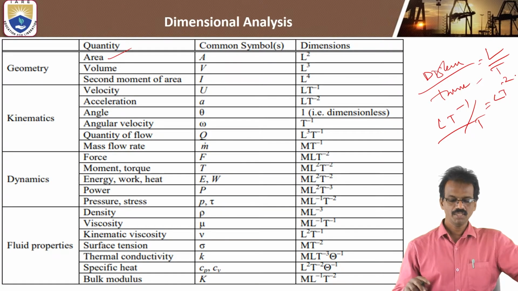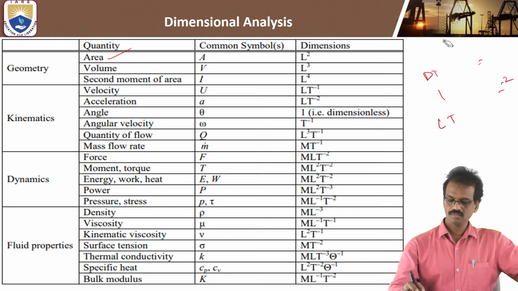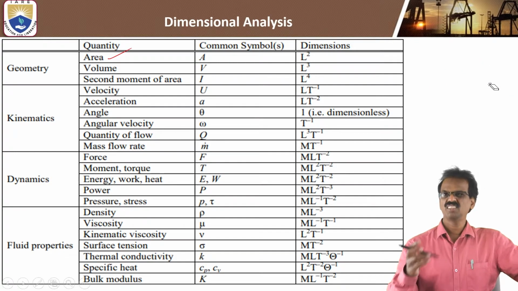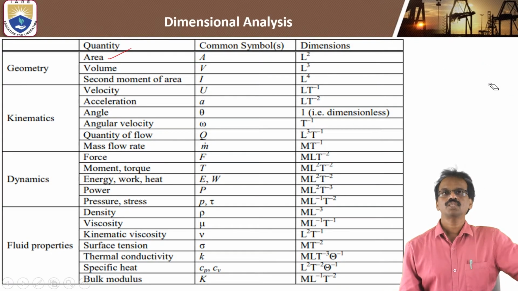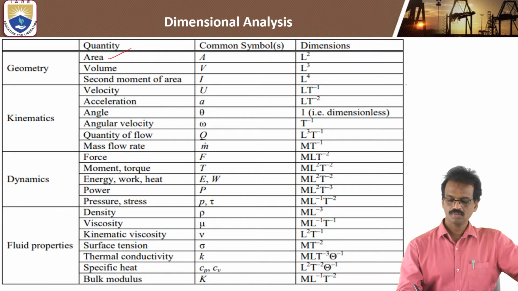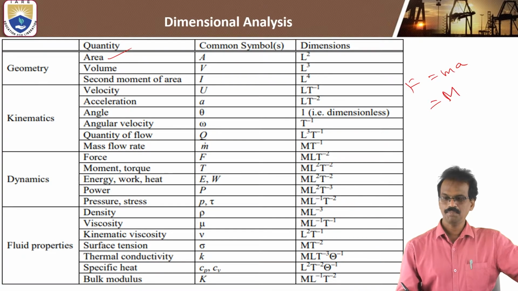Angular velocity omega is 1 by T. Next is force. F is equal to m a. Mass is represented by capital M and acceleration is LT to the power of minus 2, so the basic dimension is MLT to the power of minus 2.